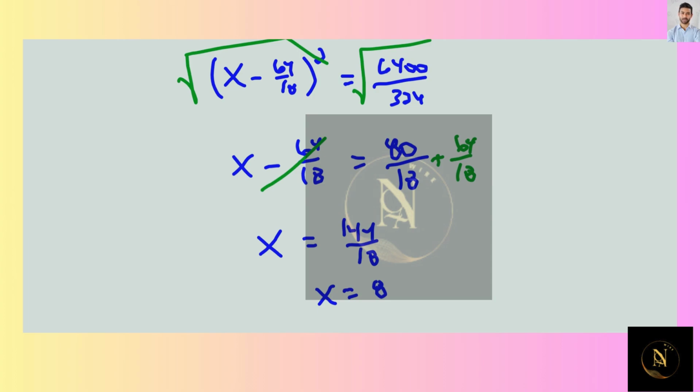For one solution, there are two because it's a quadratic. We've got positive and negative 80 over 18.